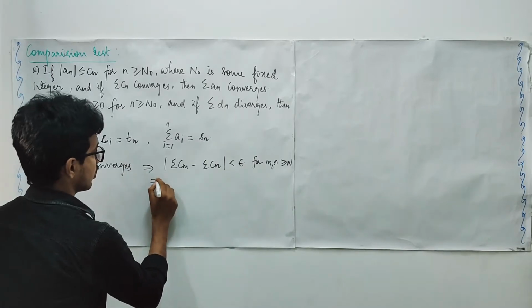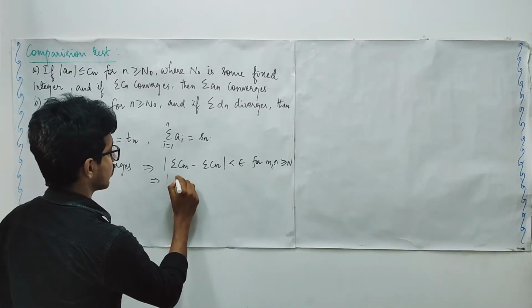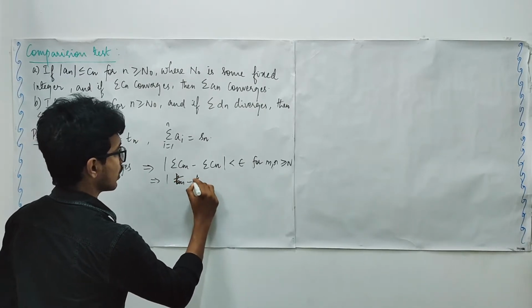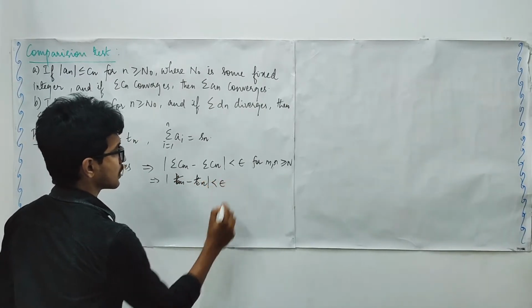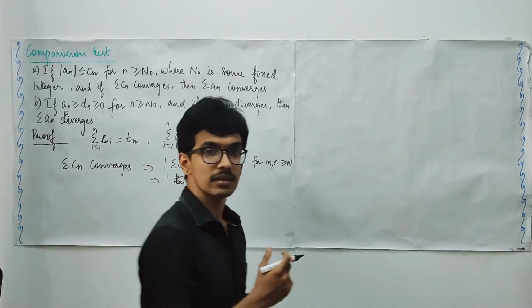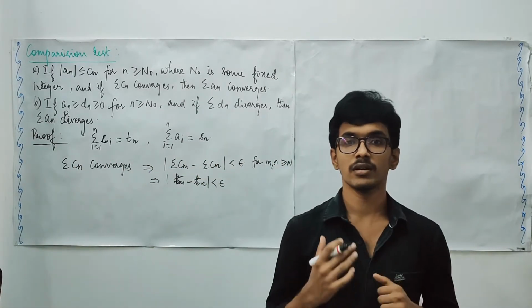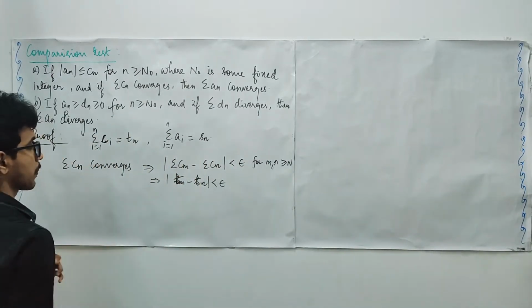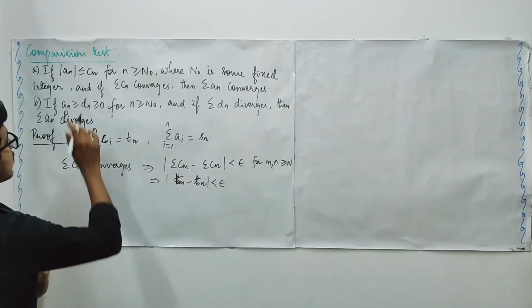In a simpler notation, we may write it as T_m minus T_n less than epsilon, when we look at it as a sequence, that is, the sequence of partial sums. Here, what is given?